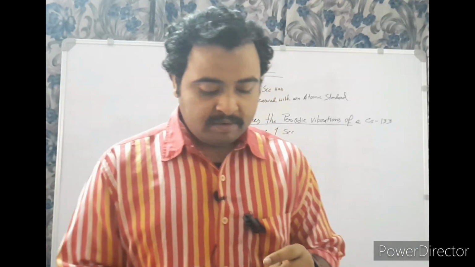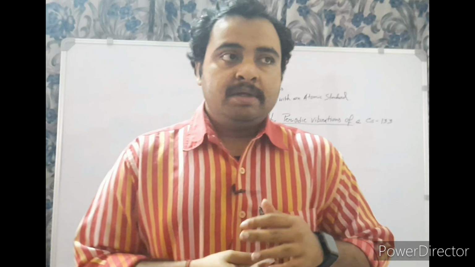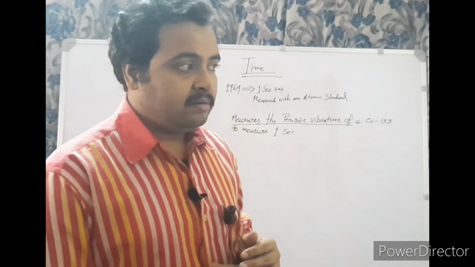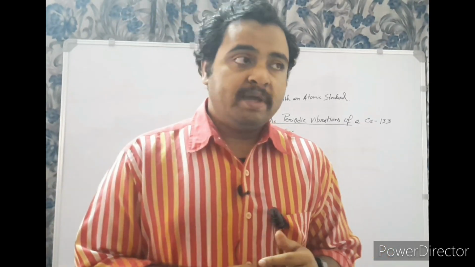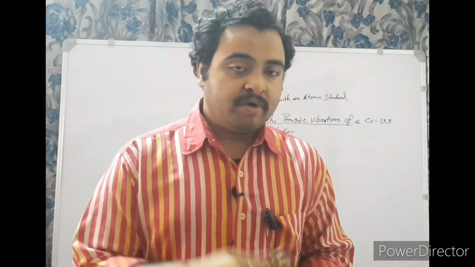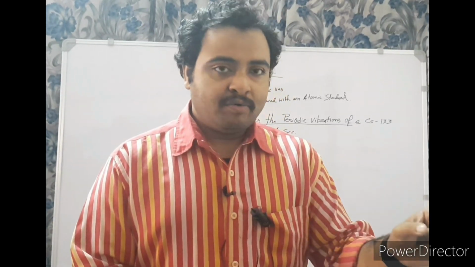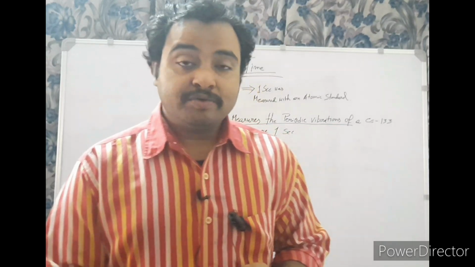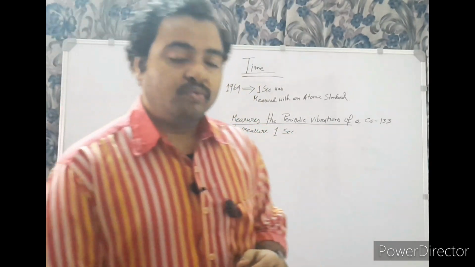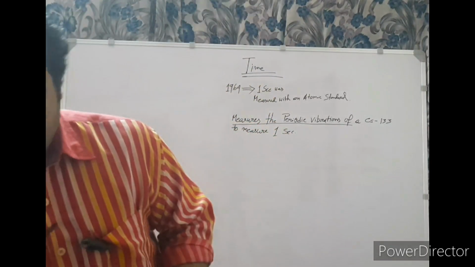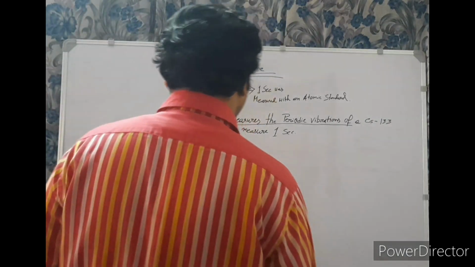If each and every time the number of vibrations is the same to excite a cesium-133 from its ground state to a higher state, that constant vibration can also be used to measure a constant time period. So that was used to measure 1 second. How it was done, I will show you.